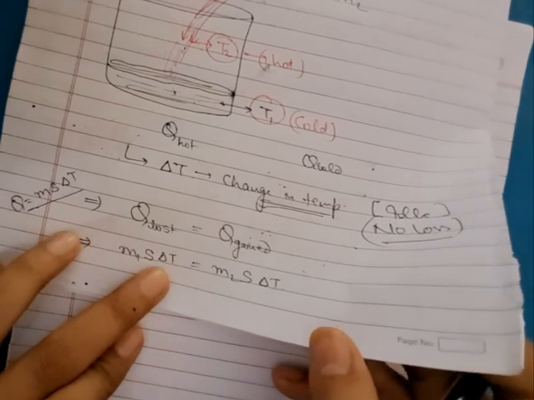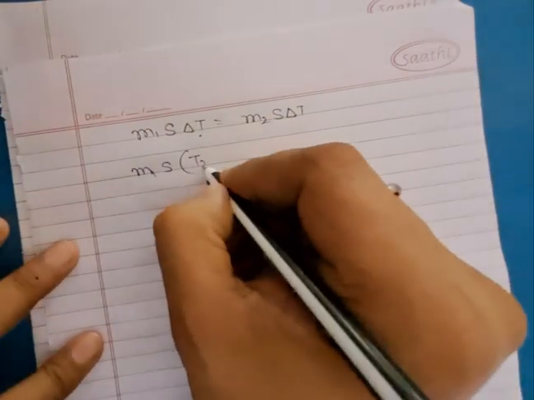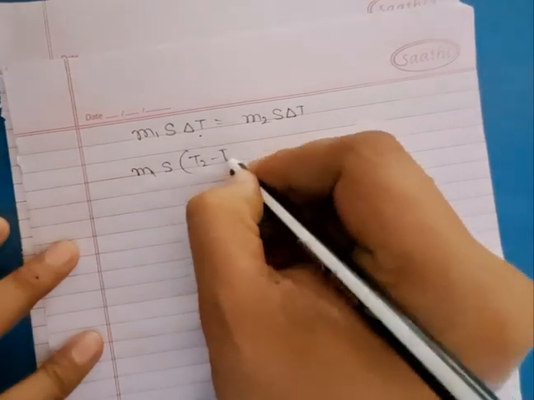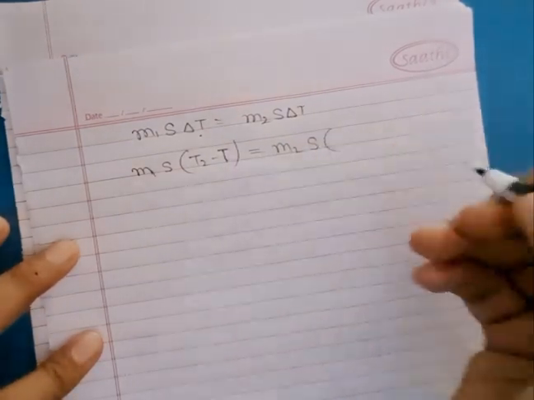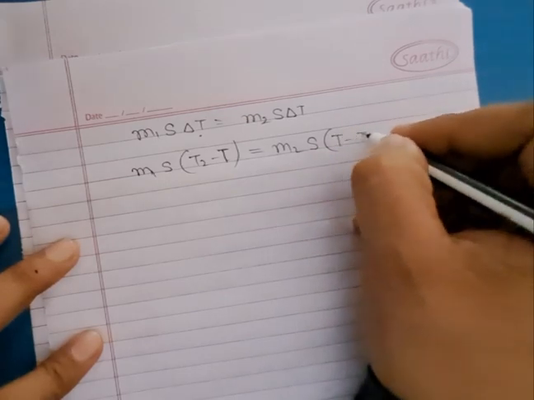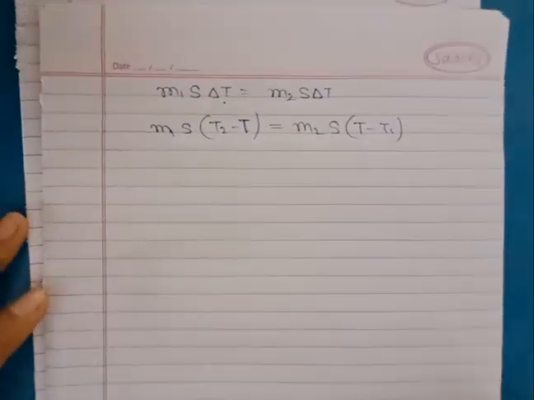After T2 it has reached some final temperature T, so that will be given as m1 s (T2 minus T) is equal to m2 s (T minus T1), since it has gained some of the energy.